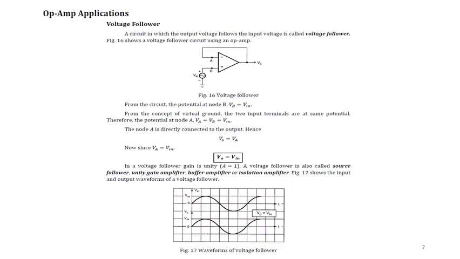Then we'll discuss op-amp as an integrator. The output and input are related by an integral equation there. The output is the integral of input voltage, so it's called an integrator. Then one more application we'll discuss, op-amp as a differentiator. So output will be the differentiation of input voltage.